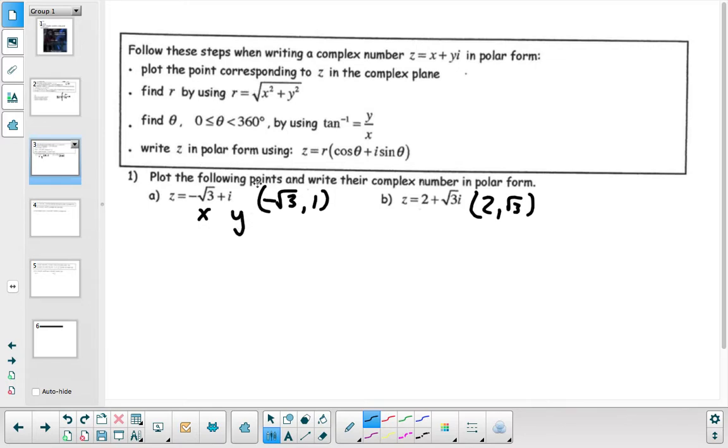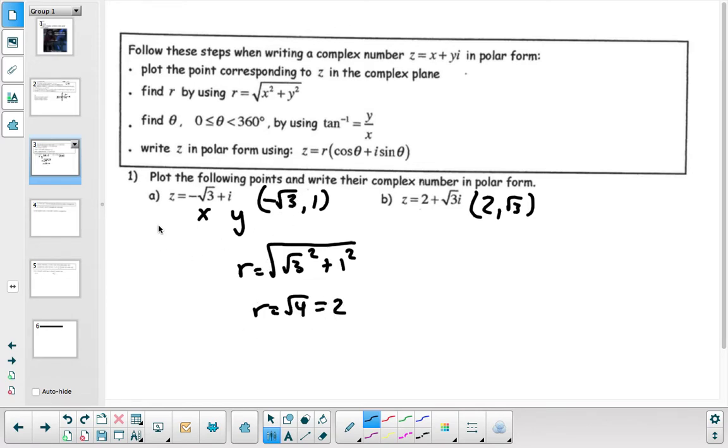Okay, so we want to find r. r is equal to the square root of -√3 squared plus 1 squared, I'm going to ignore that negative, which is 3 plus 1. r is the square root of 4, or 2.